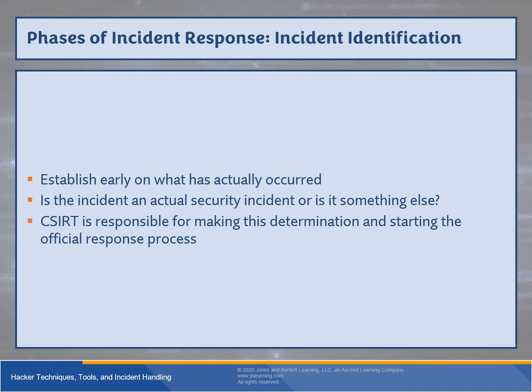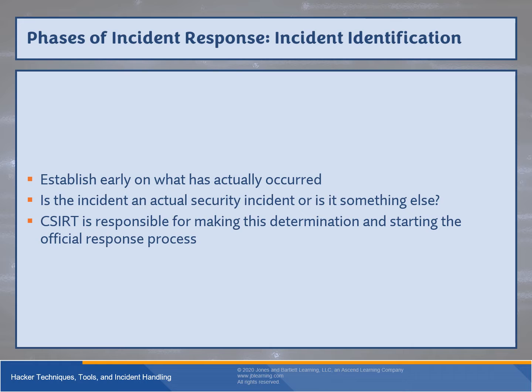In the identification phase, we need to figure out what's actually happened. It's very easy to guess, but we need to be able to have demonstrable evidence of what's going on. Is this a security incident? Is this something else? And when I say something else, it could be less difficult to deal with, or it could be more difficult to deal with. It could be endemic of a larger problem. So again, that's why we want to make sure that we have these criteria so that we can say, oh, this is big, or oh, this is pilot error, man.